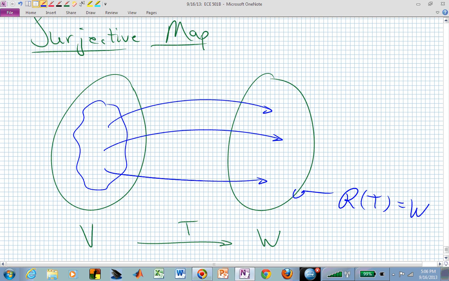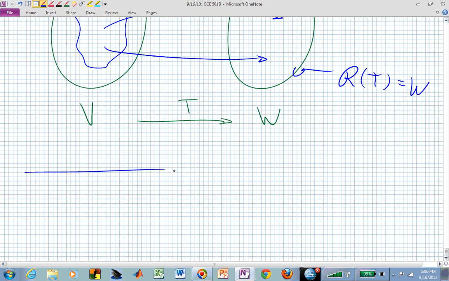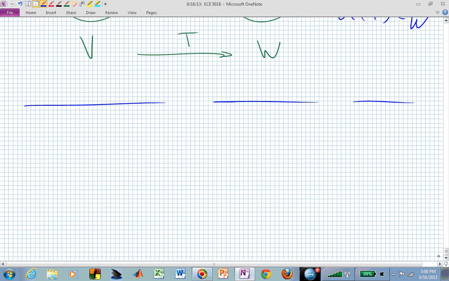What's an example, maybe, of a non-surjective map? Maybe to just get us thinking about a mapping other than that particular picture. Well, what if I gave you the following?